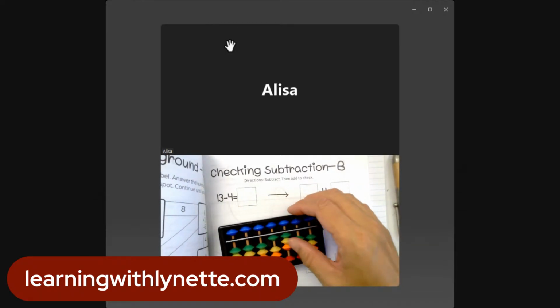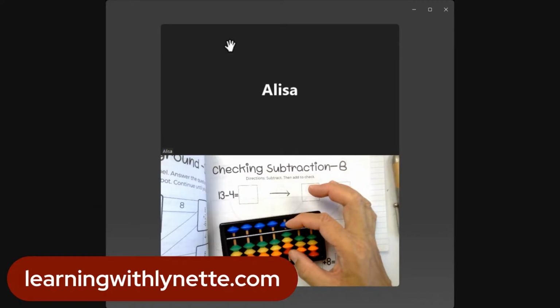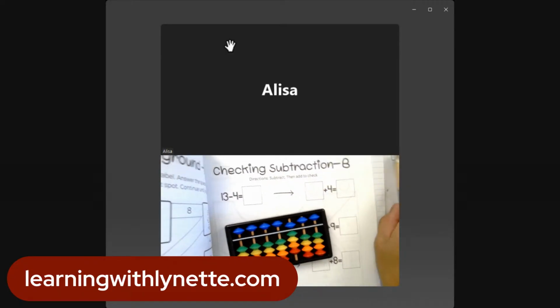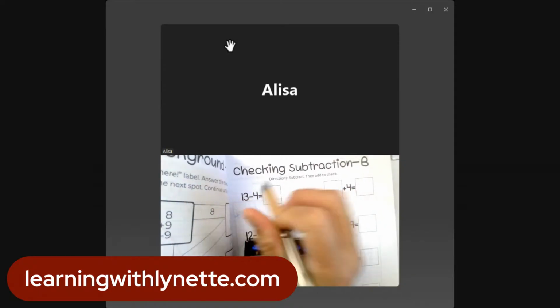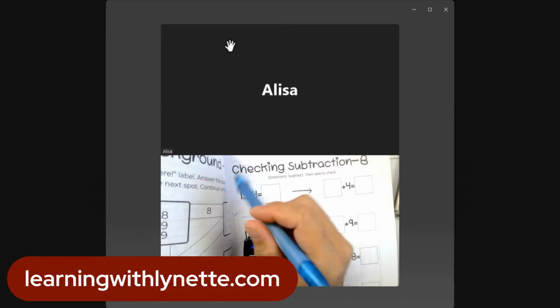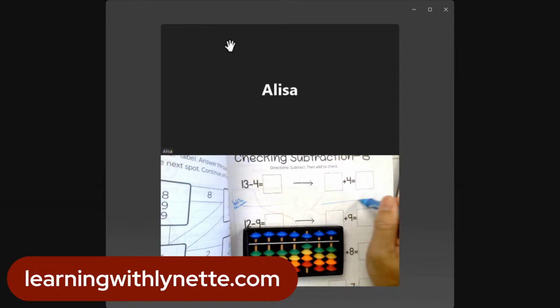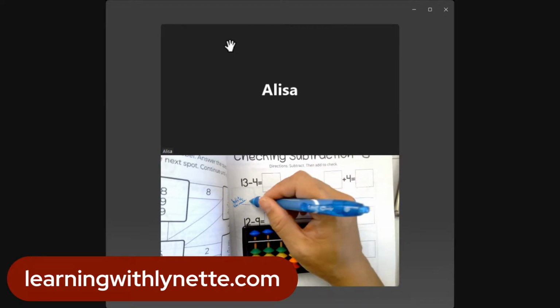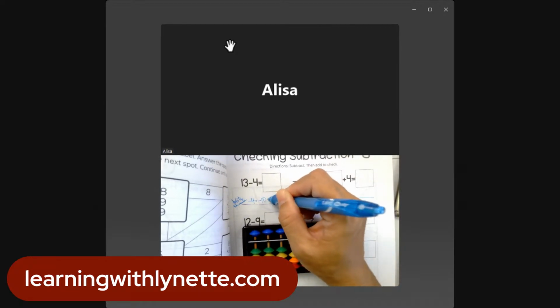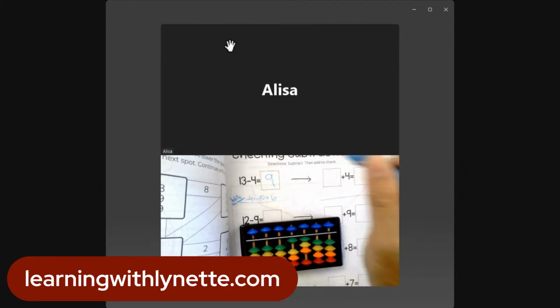Wait. 13 minus 4 is, yep, the 6. Yes. Oh, you know what I should do is right here, I should put in a thing saying write the formula. I should write the formula. Minus the 10 plus the 6. Yep. So then what do we do here? So this is 9. So what do we do here?